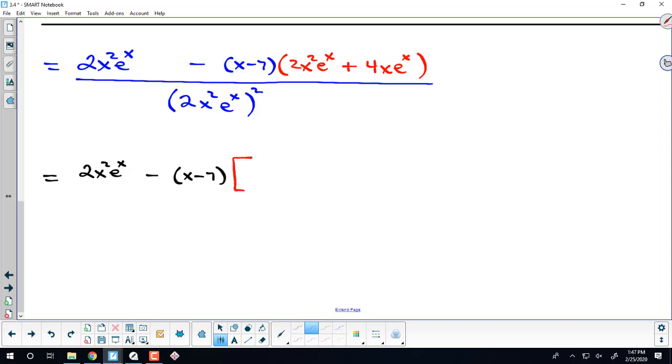So let's write it like this. We're going to factor out a 2x e to the x. And that'll leave us with x plus 2.